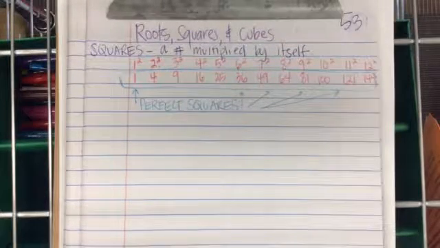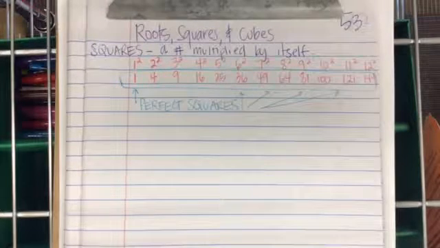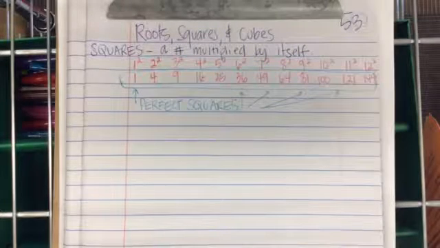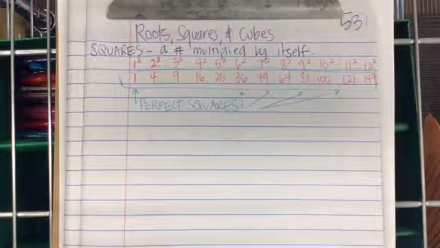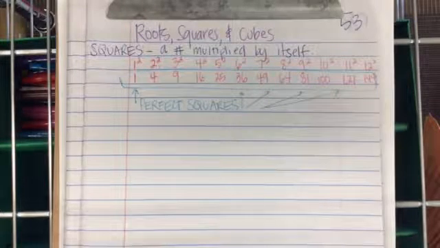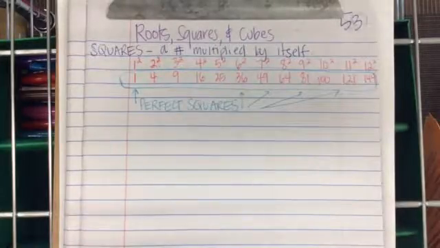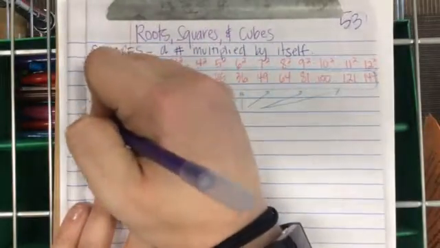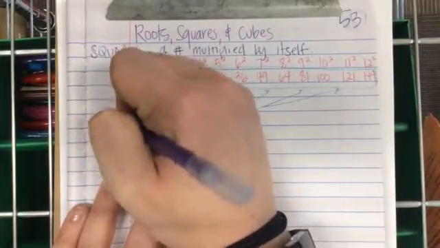And remember, you can undo a square. Do you remember what it's called if you're going to undo a square? It kind of looks like a division sign. It's called a radical. That's right.